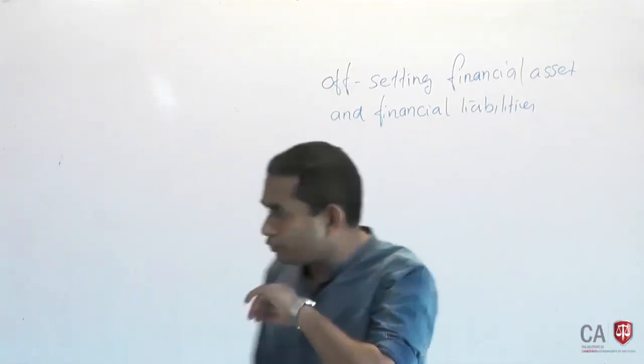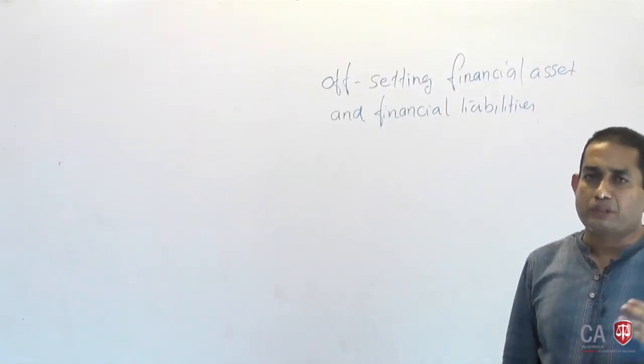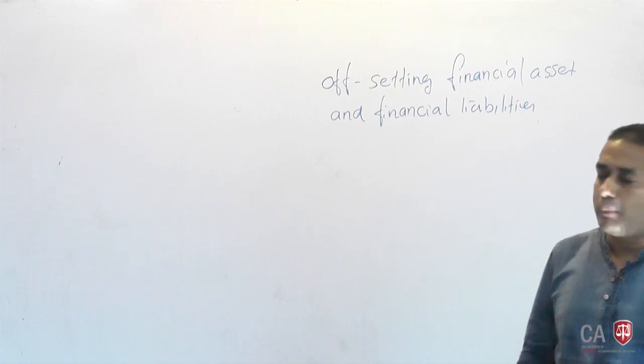We can set off two financial instruments, a financial asset and a financial liability.